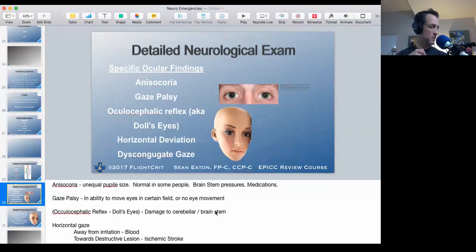Like if I turn my head, you can see that my eyes move the opposite direction. That's a normal response. If I turn my head and my eyes didn't try to track, they stayed midline, that's the oculocephalic reflex, and that's a pretty ominous finding.